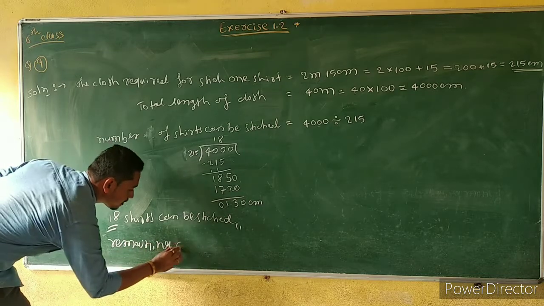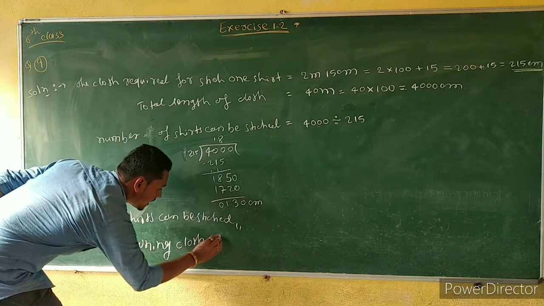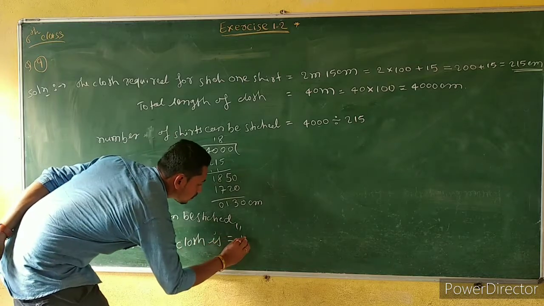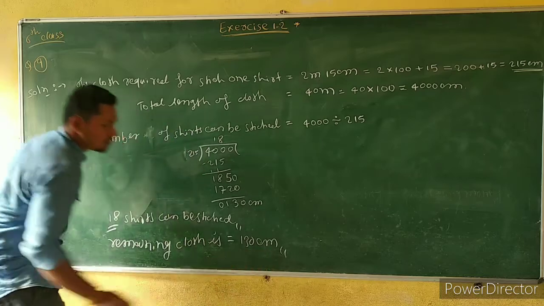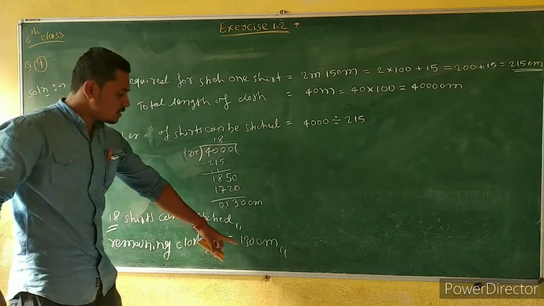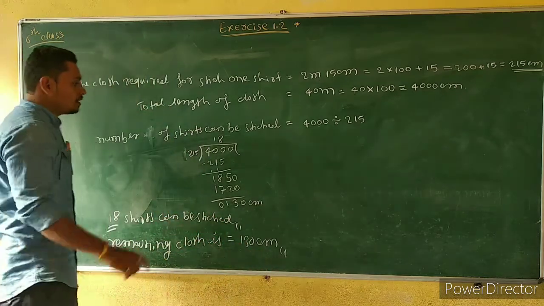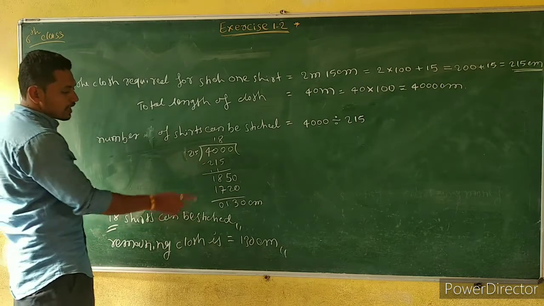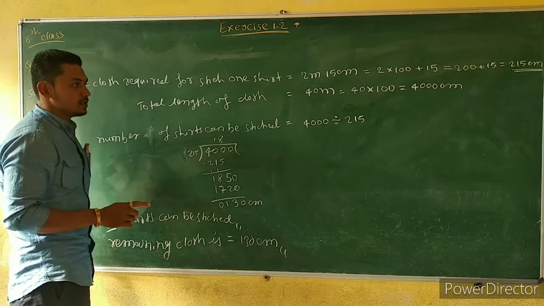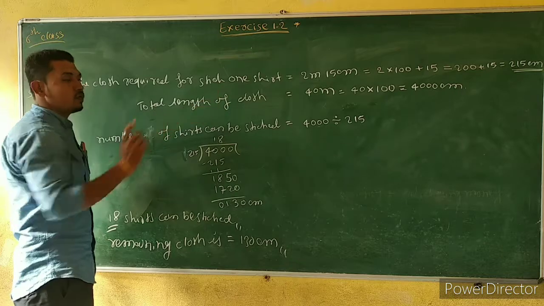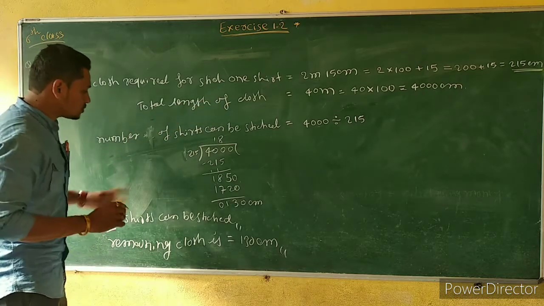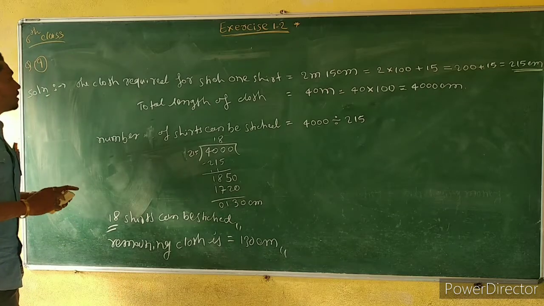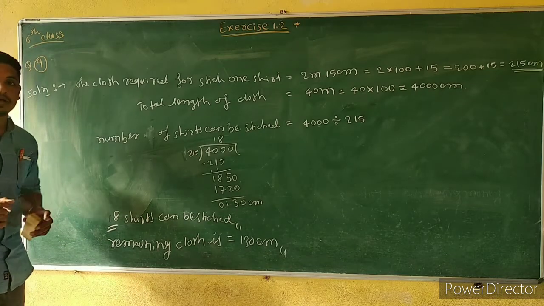The remaining cloth is 130 centimeter. So the remaining cloth is 130 centimeter, and 18 shirts can be stitched from the 40 meter length of cloth. Please note this down, and now we will discuss question number 10.